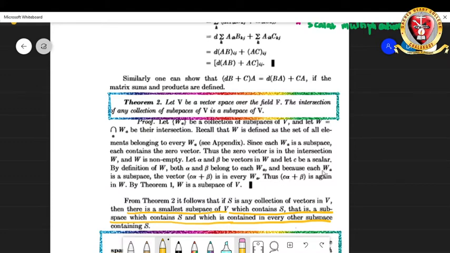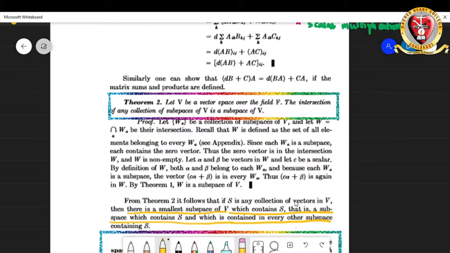And because each W_a is a subspace, definitely c alpha plus beta will be inside every W_a. That means c alpha plus beta will be again in W. It's very simple. So that will imply by the c alpha plus beta property that W, which is the intersection of the collection of subspaces of V, will in turn be a subspace of V.